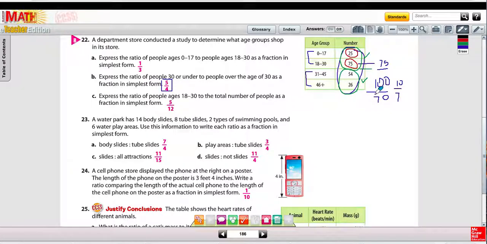Oh, that's why I misadded. 54 plus 26 is 80, and so that reduces to 10 over 8, which further reduces to 5 over 4. So this is the correct answer.